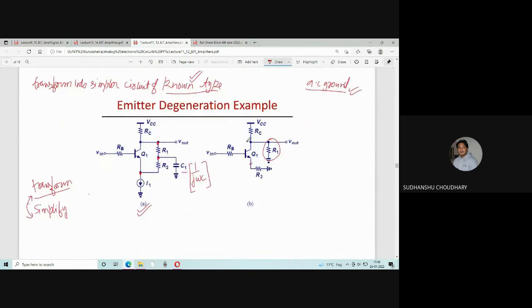So a known type circuit has been obtained, transformed into a simpler circuit of known type. For this known type, I can easily find out the gain AV, input impedance, and output impedance.